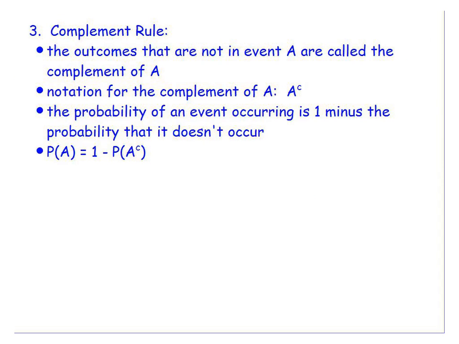Not complement like you look pretty. This is complement, a math term. It's the outcomes that are not in event A. So if, for instance, you are rolling a die and you want to know the probability of rolling a 2, you want a 2.